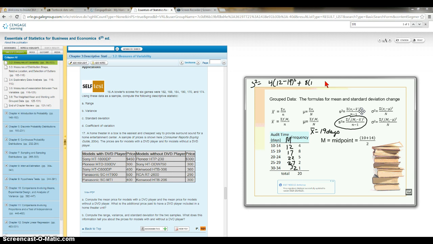And then 22 minus 19 squared. And then, what do I divide by? 20 minus 1.